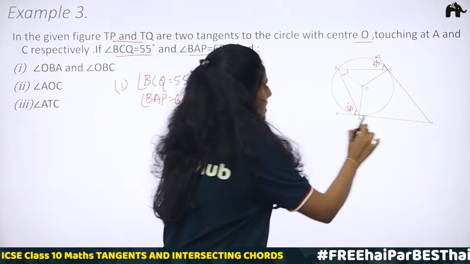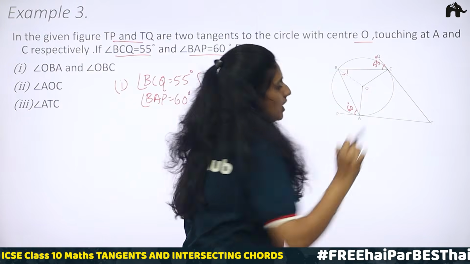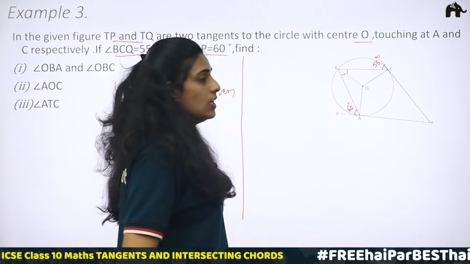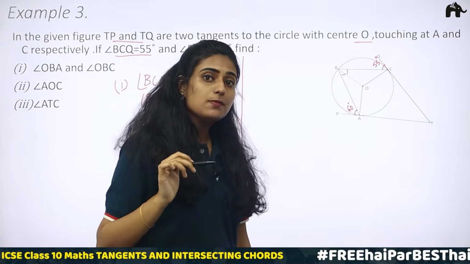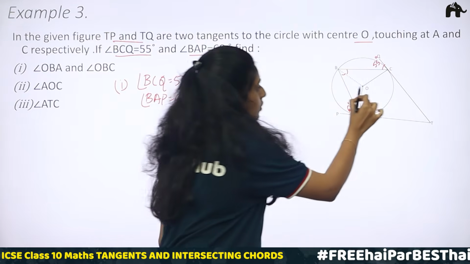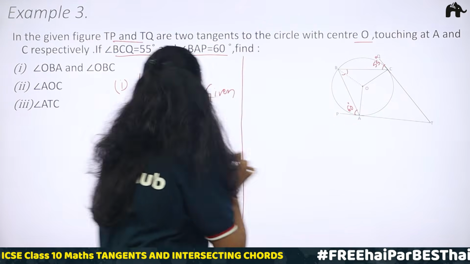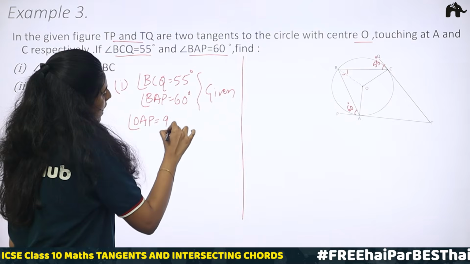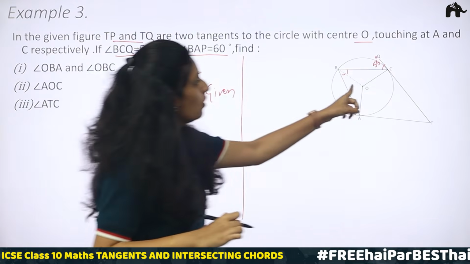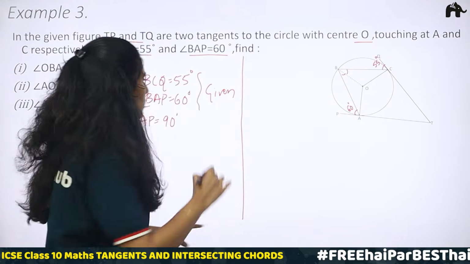And PT and QT are the tangents to the circle. So we know that the angle between radius and tangent will always be equal to 90 degrees. Therefore, angle OAP will be equal to 90 degrees. Similarly, OCQ will also be equal to 90 degrees.